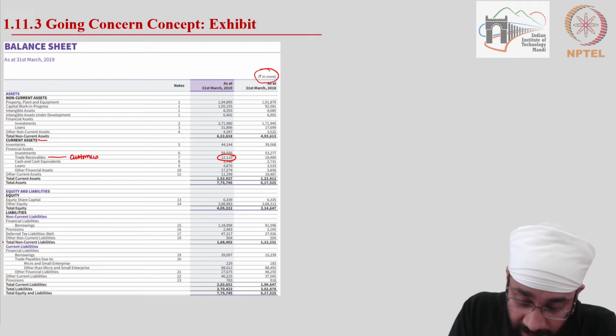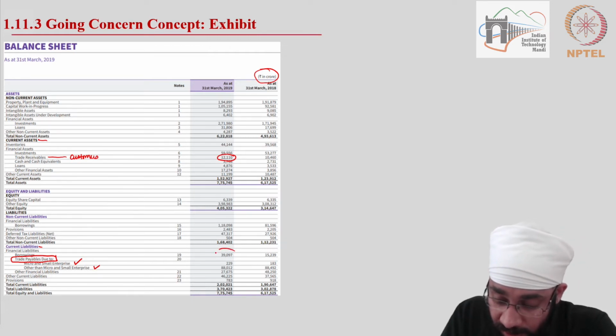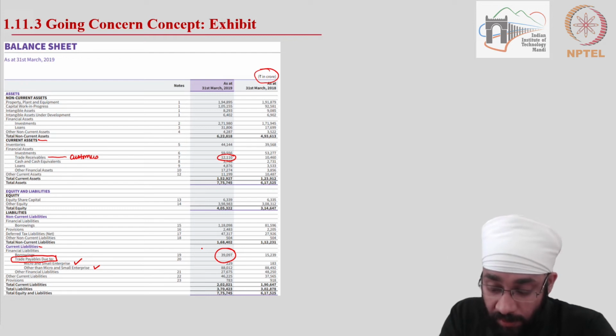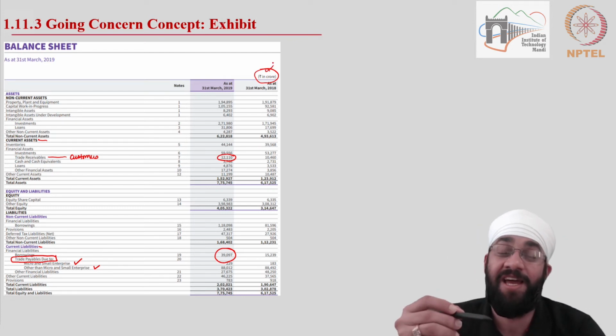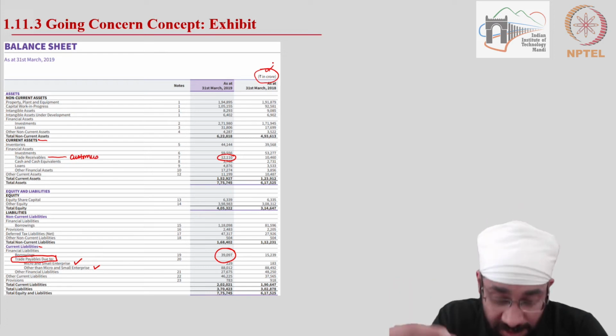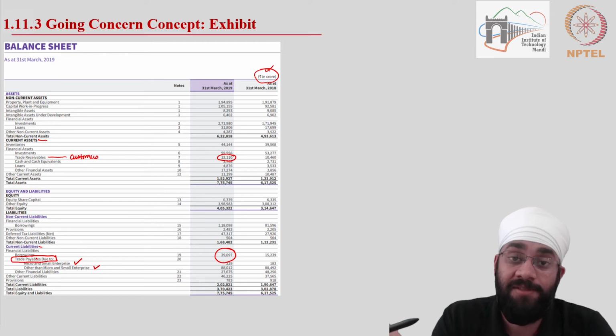On the other side, under current liabilities, you have trade payables, and you have to pay to micro and small enterprises and some other micro and small enterprises. So there is a total of about 39,000 crores which Reliance Industries has to pay to other companies, and typically these are micro and small enterprises.